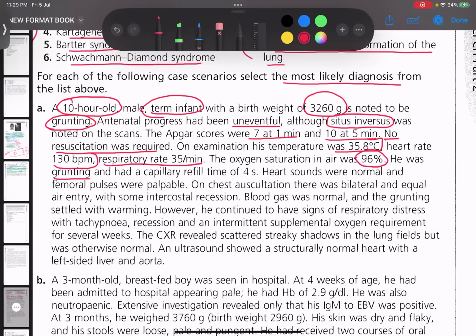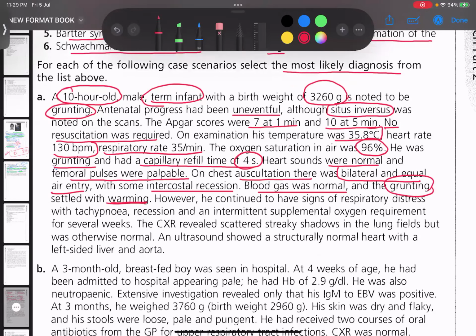He was grunting and had a capillary refill time of 4 seconds. Heart sounds were normal and femoral pulses were palpable. On chest auscultation, there was bilateral and equal air entry with some intercostal recession. Blood gas was normal and the grunting settled with warming. So basically this was not exactly grunting, maybe the child was shivering.